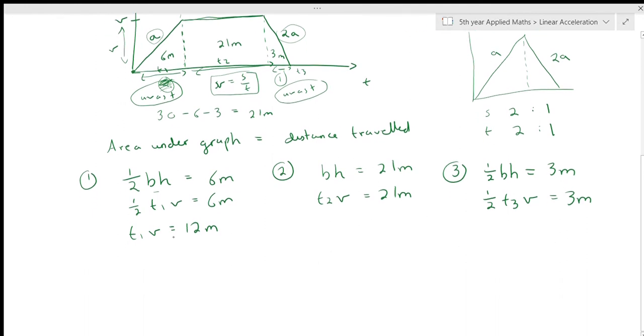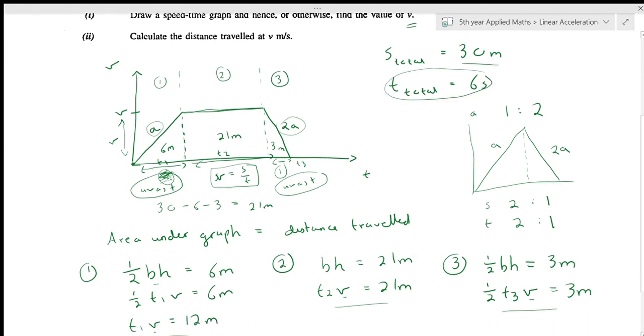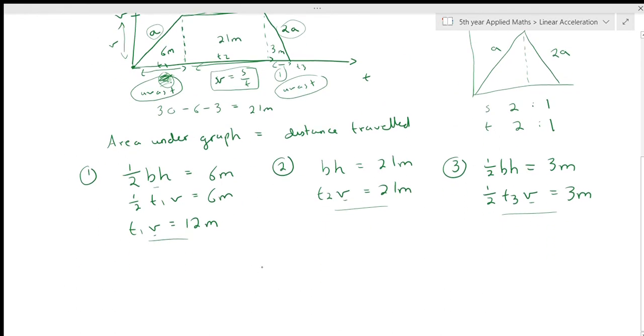So we somehow need to use these to figure out our value for v. Well, what do we know? One thing that we haven't used yet is that all the times t1 plus t2 plus t3 must equal 6 seconds, because the total time is 6 seconds.